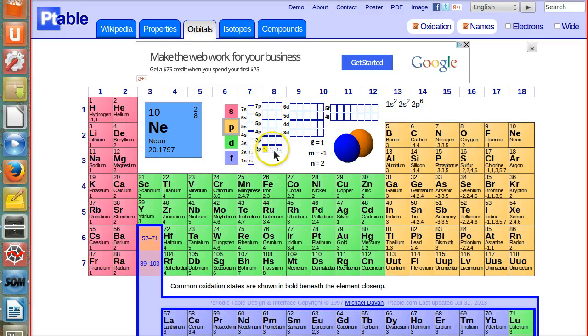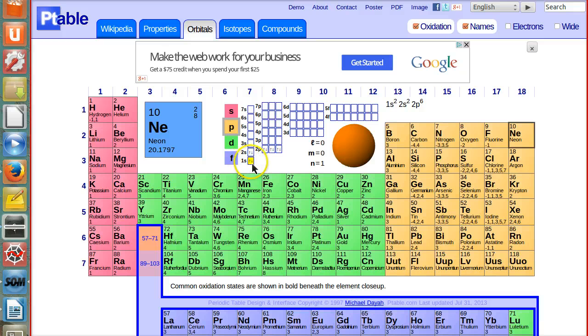The P sublevel has 3 boxes, and it doesn't matter what principal energy level we're in. The P sublevel in that energy level always has 3 orbitals, which can each hold 2 electrons. The D sublevel of any principal energy level always has 5 orbitals, which can each hold 2 electrons. And the F sublevel always has 7 orbitals, so it can hold 14.